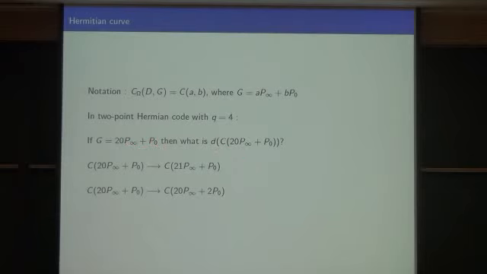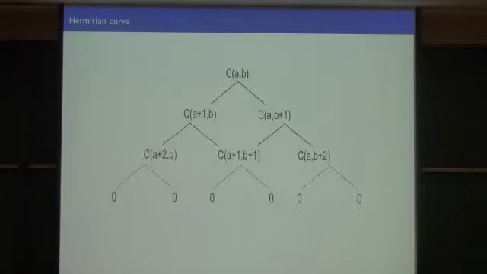Now the problem is different because we could go down either way. We could increase the pole order of P∞ or the pole order of P0. So you have 2 cosets to consider. Right? And you have to do this for all these codes.